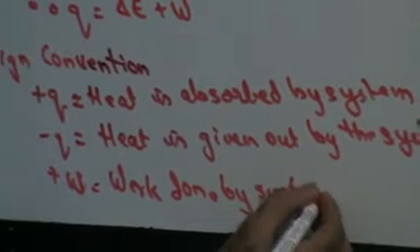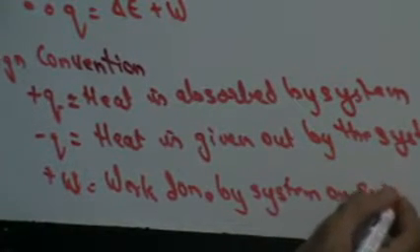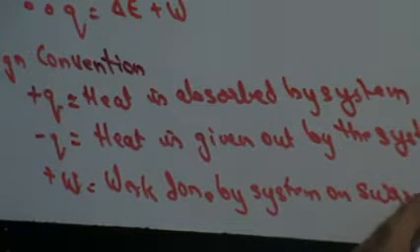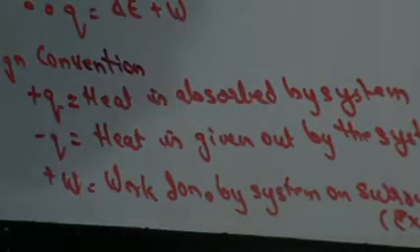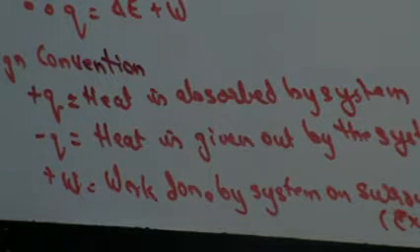Similarly, positive W is work done by the system on the surrounding, meaning there is expansion. That is positive W. Then similarly you can have negative W. What does negative W mean?